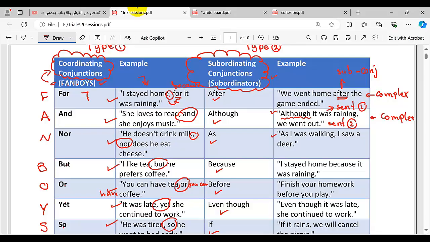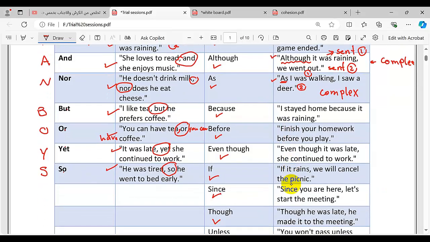Number 3: as I was walking, I saw a deer. As is one of the subordinating conjunctions. I was walking, this is a sentence, and I saw a deer, this is sentence number 2. So this is also a complex sentence. Another one: I stayed home because it was raining. Sentence 1 is I stayed home. Sentence 2 is it was raining.